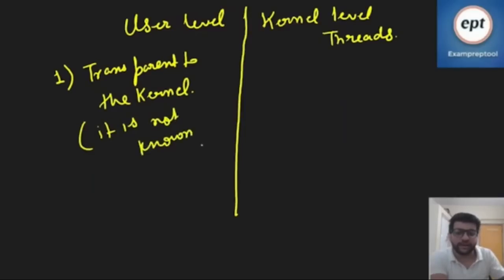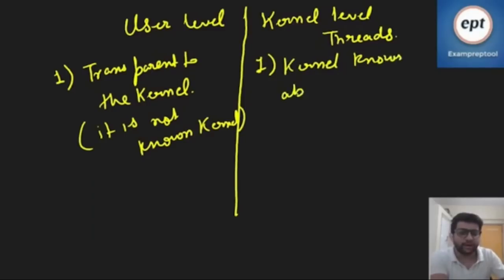So the kernel is completely unaware of these user level threads. And here the kernel knows about the threads. So since the kernel is not aware of user level threads, if we try to block a single thread, it will block all other threads, right?